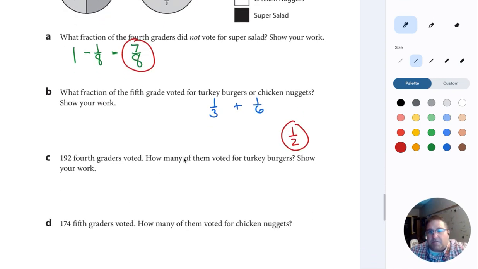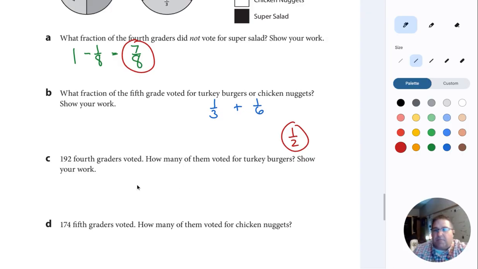In other words, and I'll set this up over here on the side, what is 192 divided by 4? So 1/4 voted for that. What is 192 divided by 4? Okay, so 1/4 of it just means we've got to find 1/4 of that.